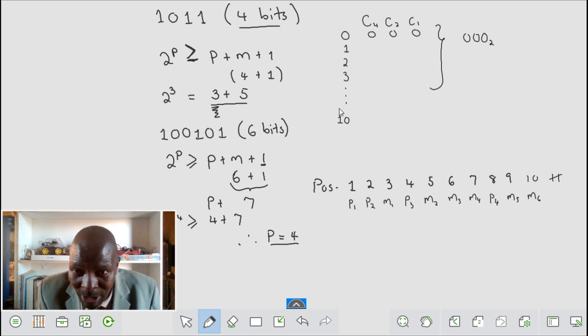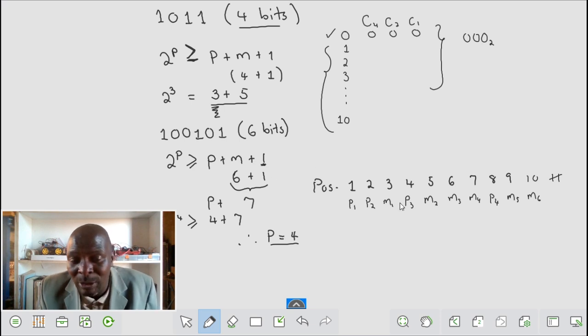So our parity bits are going to be able to check all these positions, the positions for the message and the positions for the parity. But we also have to remember there's a possibility that there's no error, so we must think about the extra position. Okay, I think we understand. But let's complete this example so that we know what we are doing.